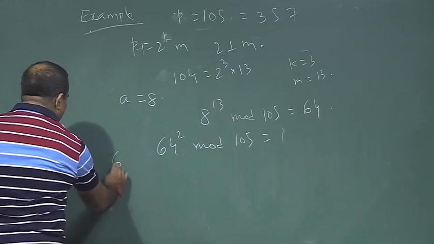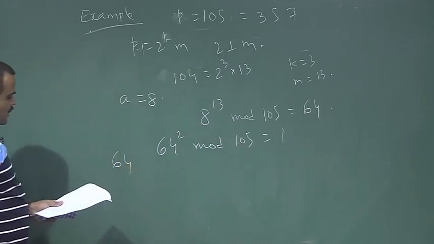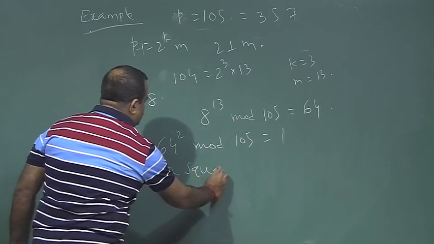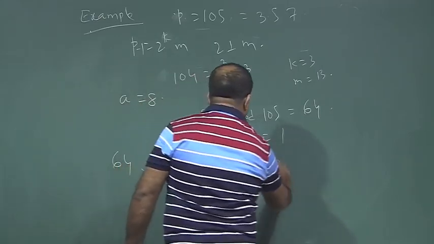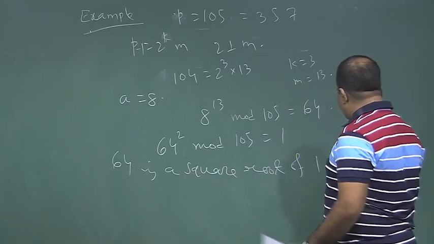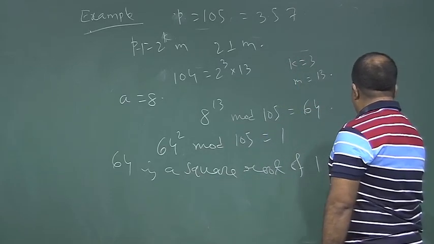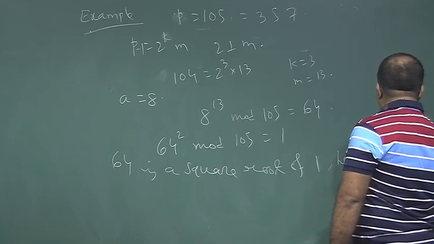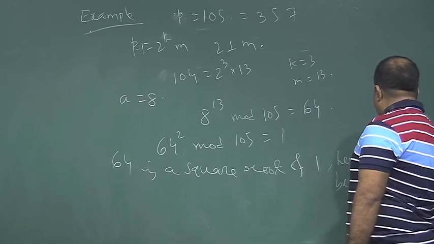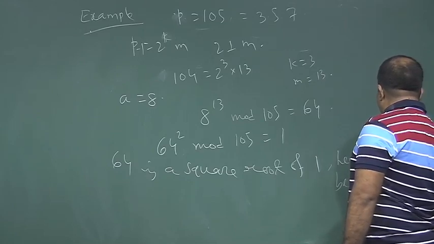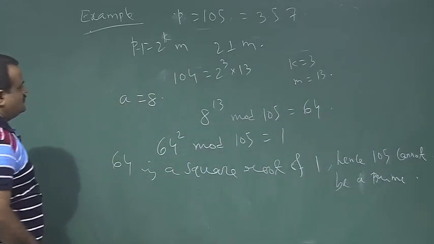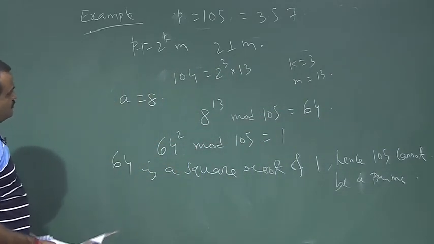So, that means 64 is a square root of 1, and hence 105 cannot be a prime. So, it is a composite number.